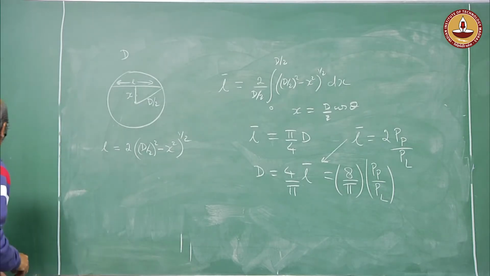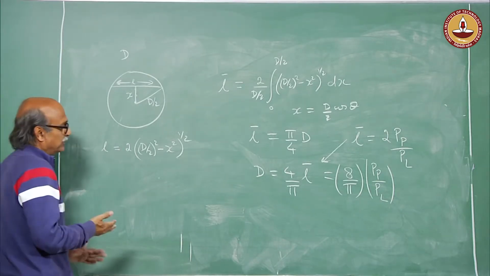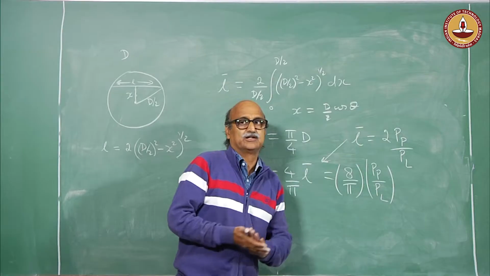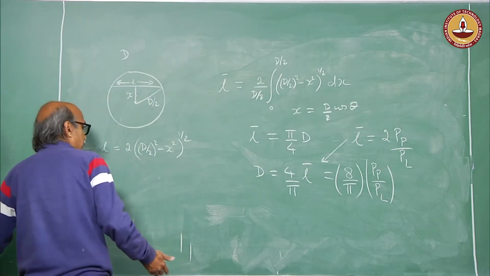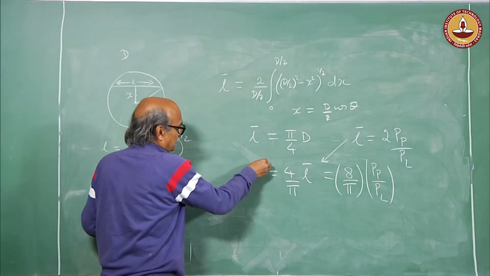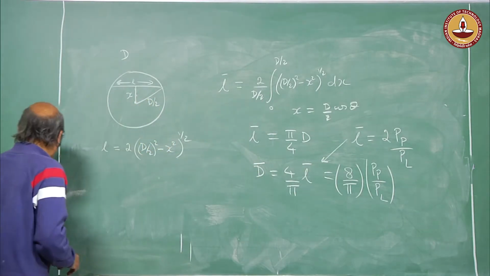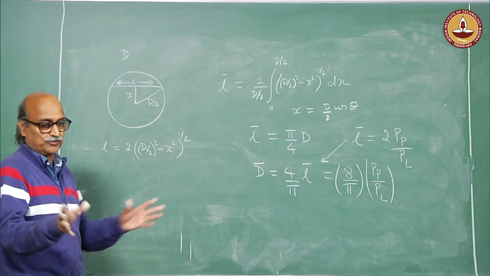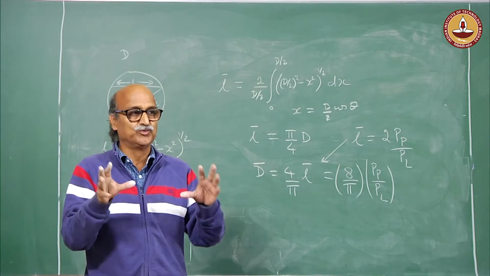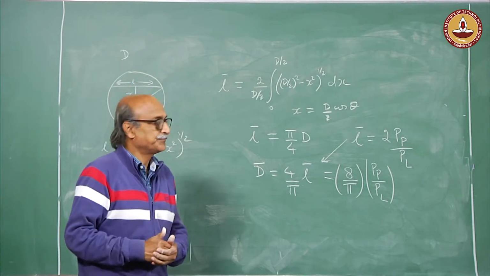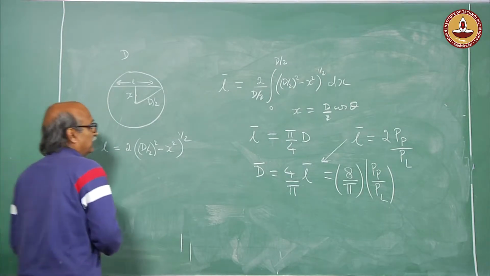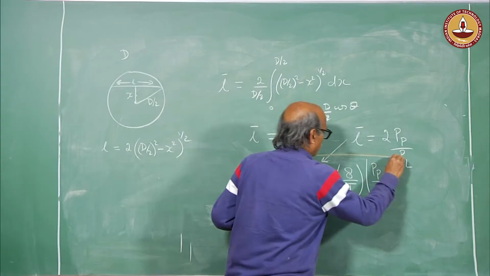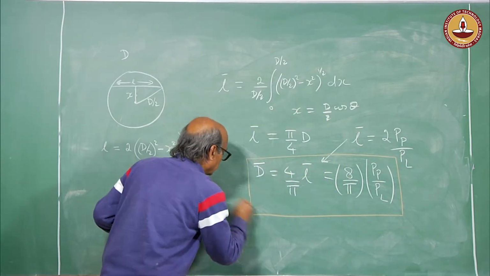So, this is another of the derived relations where you can get average diameter, and in fact, since particles are of varying diameter, this will give me the average diameter of all those graphite nodules if we assume them to be circular. Okay. So, that is one more of the derived parameters.